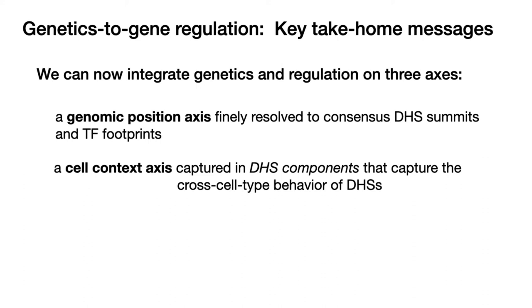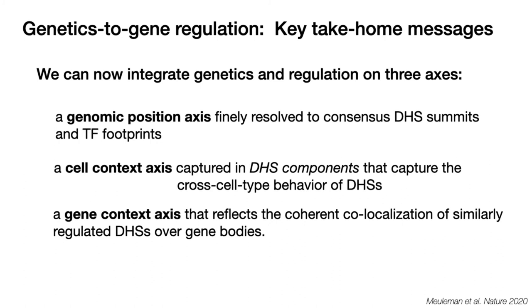The second one is a cell context axis, which is captured in the DHS regulatory components that Wouter will describe, and these in turn capture the cross-cell type behavior of DNase hypersensitive sites. And thirdly, a gene context axis that represents the coherent colocalization of similarly regulated DHSs over gene bodies and the apparent enrichment of genetic signals across those co-regulated elements.